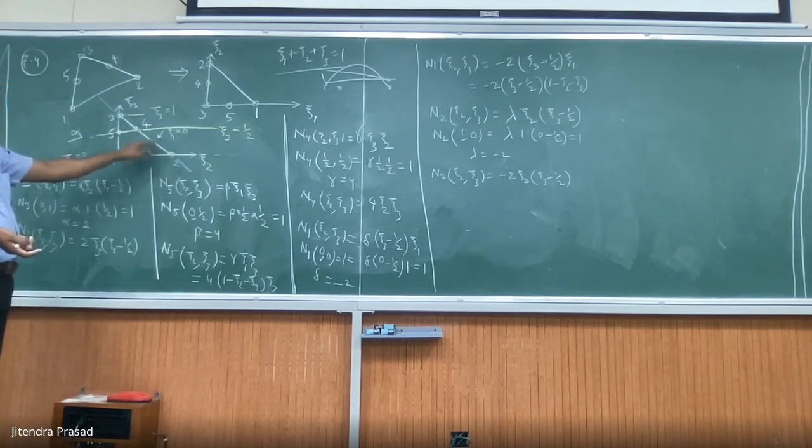On the other hand, if you go this way, both change. Xi2 is changing, and at the same time xi3 is also changing, so it will be quadratic.